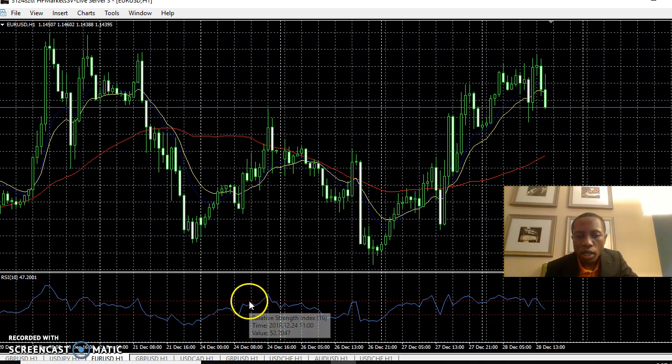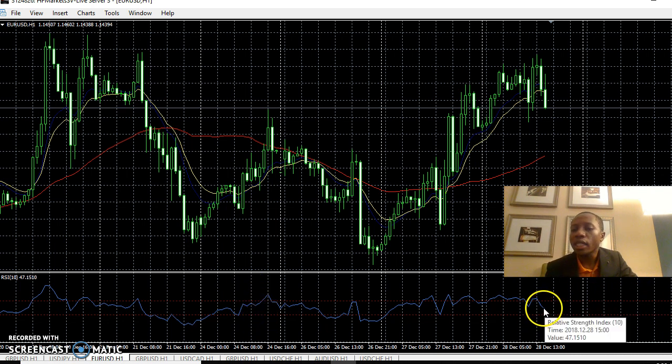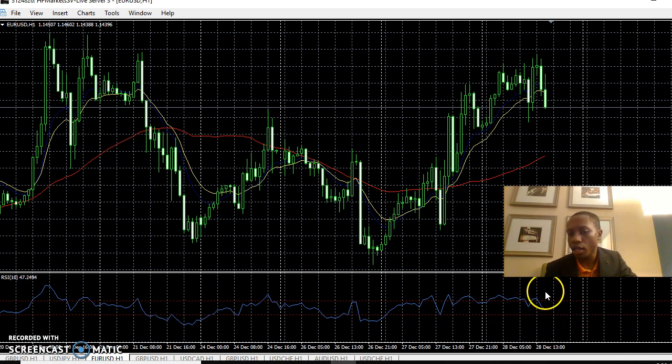You don't trade in between these two lines, the 60 and the 40. Your trade should be either outside, going upward, or coming downward. Don't trade when the relative strength index is in between these two lines. It's very important. You need to note that.